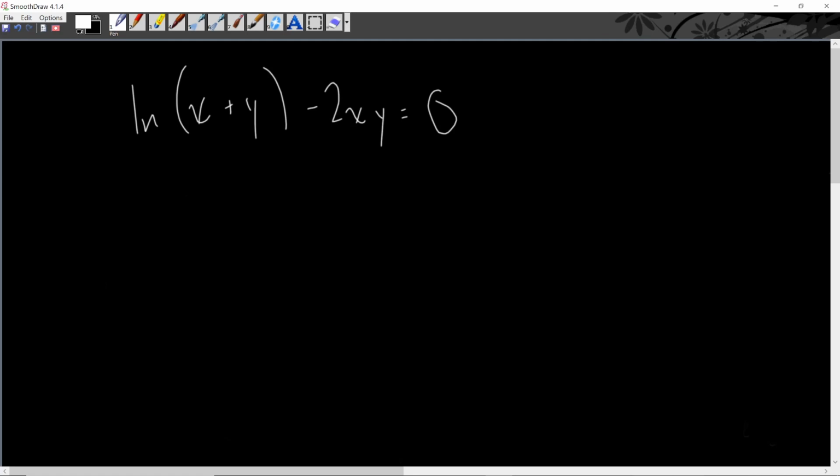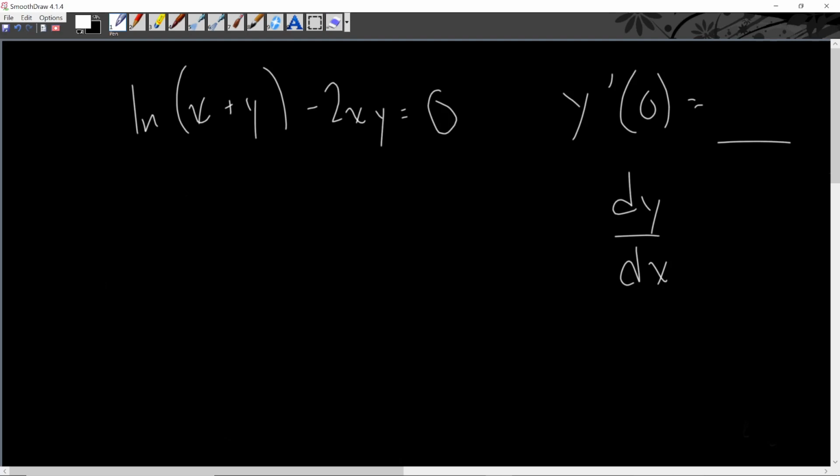And again, we can't really isolate, and they say that y prime 0 is equal to something. So we are going to try and find dy dx, and then plug in some value of 0 to find y prime 0, which is what they want.